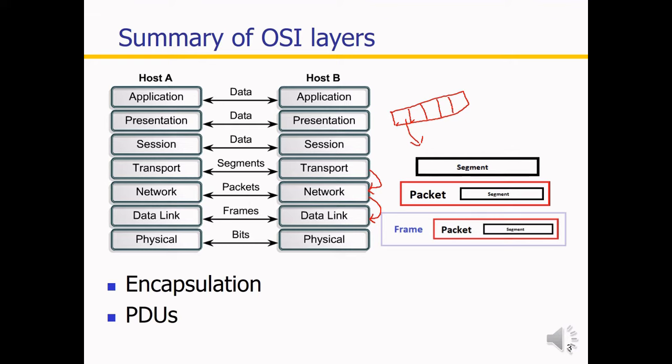So a frame would have port number, IP addresses, and also information added by the data link layer, MAC address being one of the information that's being added. We need to keep this in mind when we're doing the problems. So remember that a frame would have port number, IP addresses, and also MAC addresses that are added by the data link layer.